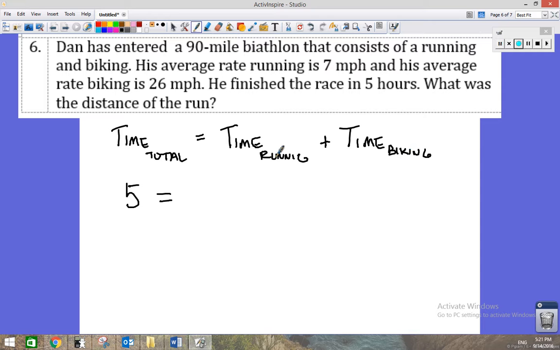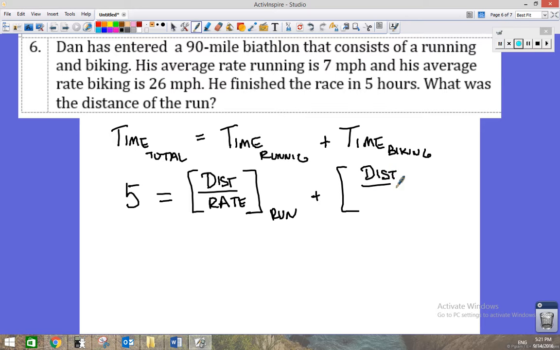We know that time is distance divided by rate. We're going to look and see what the problem says about the distance and the rate when Dan is running. And we're going to look and see what the problem has for us for distance and rate when he is biking.